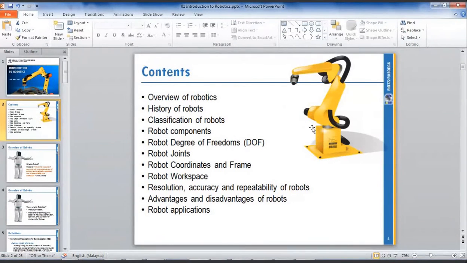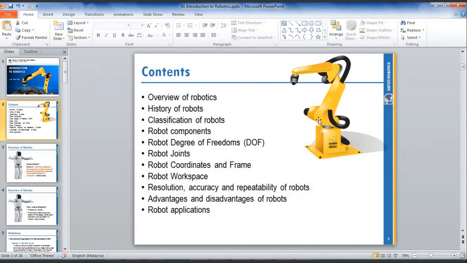So for example, in this type of robot, you have 1, 2, 3, 4 joints. That means you have 4 degrees of freedom. So more degrees of freedom means your robot has more flexibility.